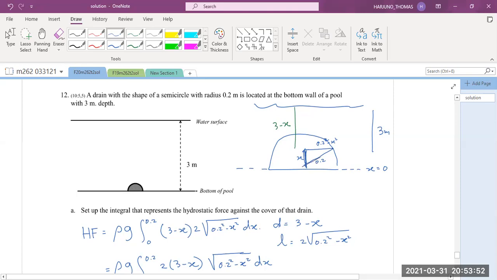This is the hypotenuse, right? So the length here is the square root of that. But then I double it. That's how I get that. That length here is only half of the whole chord.